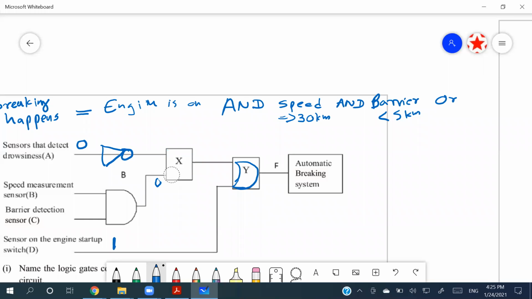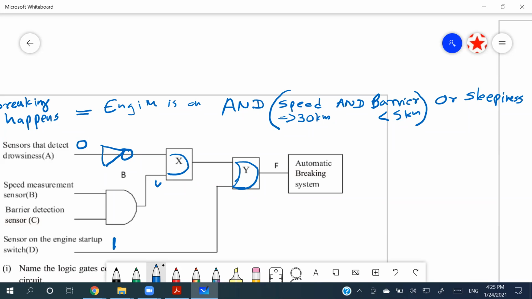If we put an AND here, normally this is how we build up our equation. It's or sleepiness that is here. This is how we are going to figure that out. So braking happens when engine is on and this speed thing and barrier thing happen together, or sleepiness.